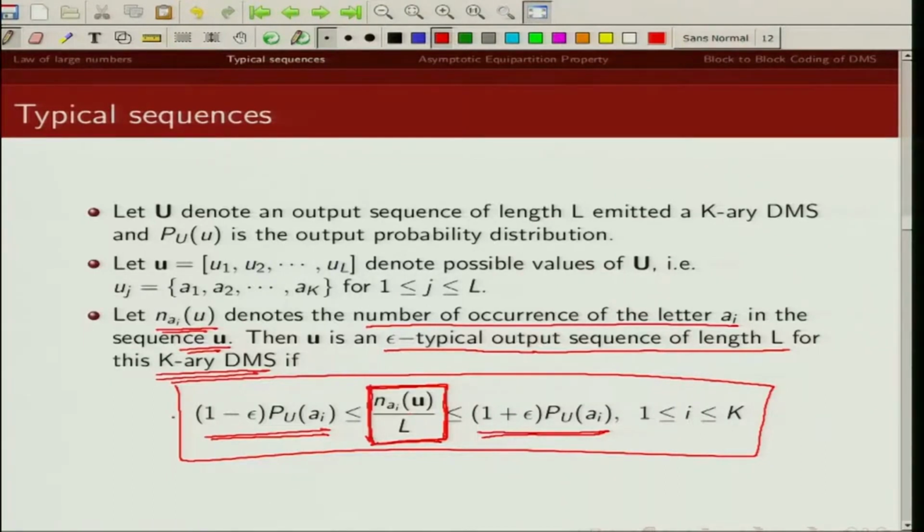So we say U is an epsilon typical sequence of length L if this condition is satisfied.